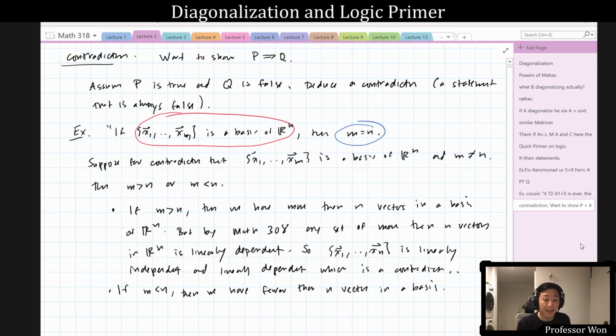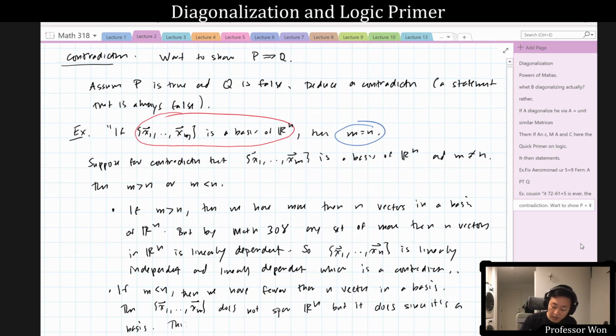But they're a basis, so they have to span Rn, which is a contradiction because they have to, but they don't. Right? Then x1 through xm does not span Rn, but it does span Rn, since it's a basis. And that's a contradiction. So in either case, we derived a contradiction. So it must be that m can't be bigger than n, and that m can't be less than n. In other words, m equals n.